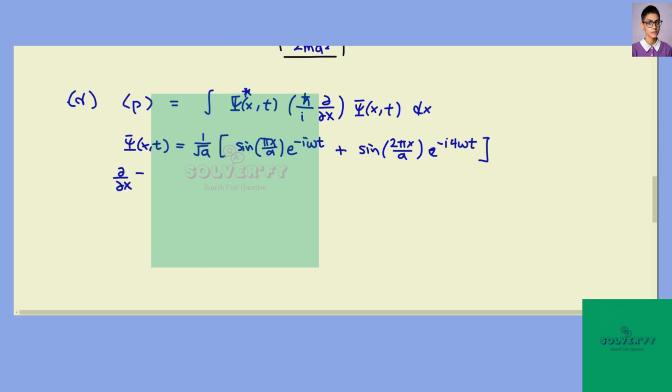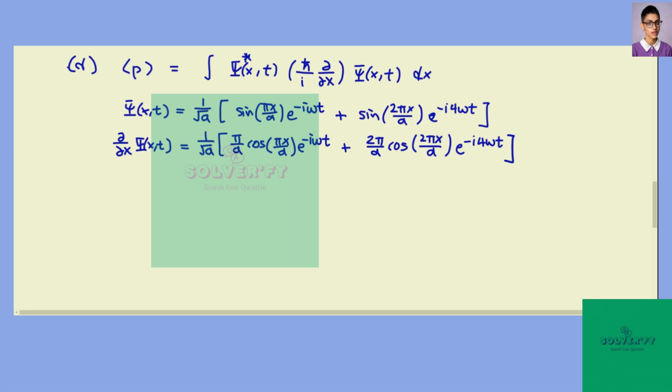Partial x of psi of x and t is equal to 1 over root a, pi over a cosine pi x over a e to the minus i omega t plus 2 pi over a cosine 2 pi x over a e to the minus i 4 omega t.